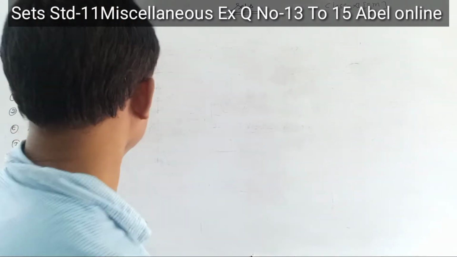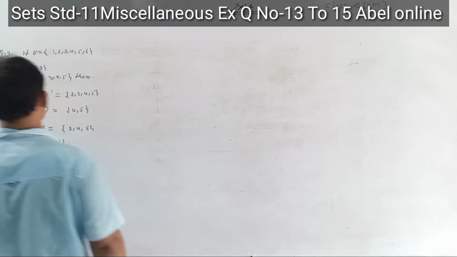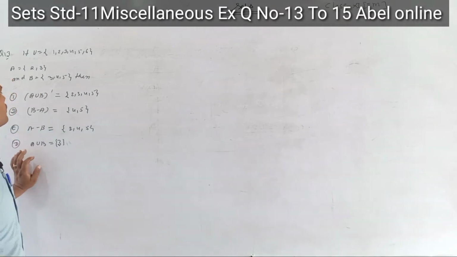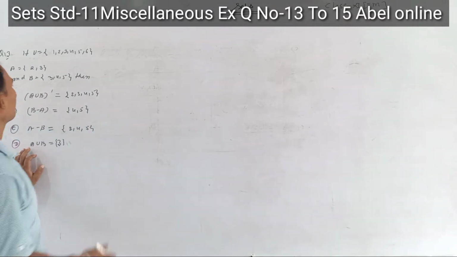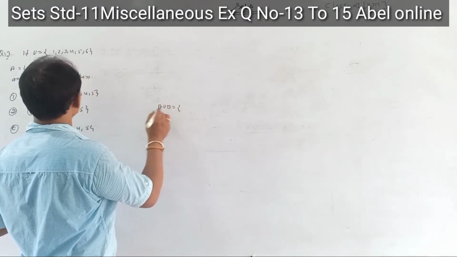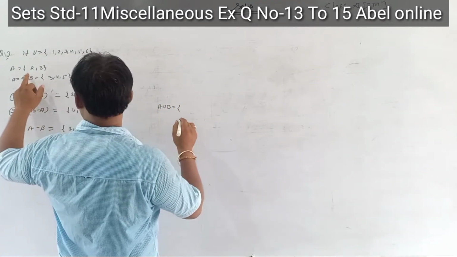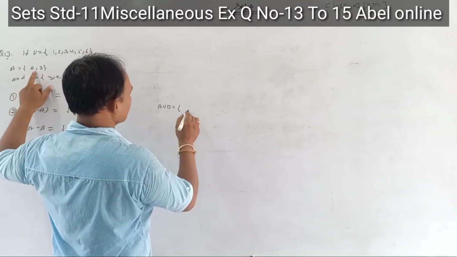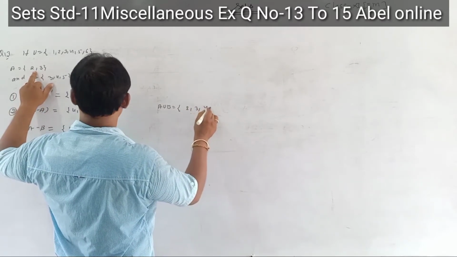So students, we are going to solve this question. Firstly we are going to check one by one. What is A union B? A union B means all the elements of A and B, so it is 2 3 4 5.